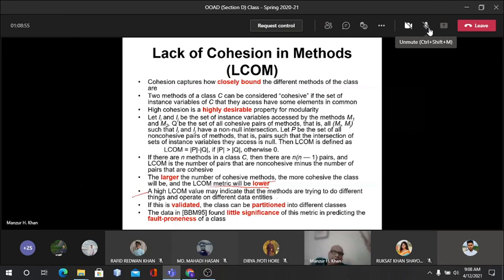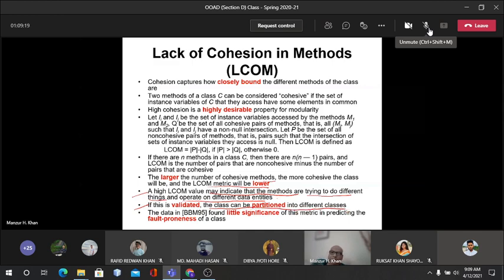it may indicate that the methods are actually trying to do different things and operate on different data items, instead of working together on the common data items. If this is validated, that means if this is found true, the class can be partitioned into different classes.